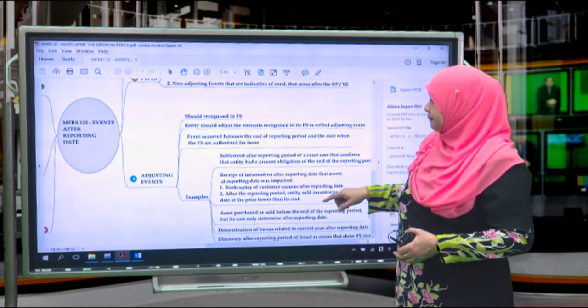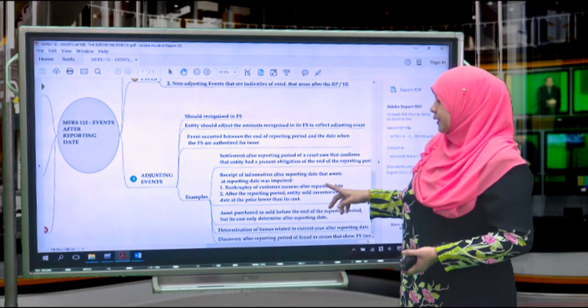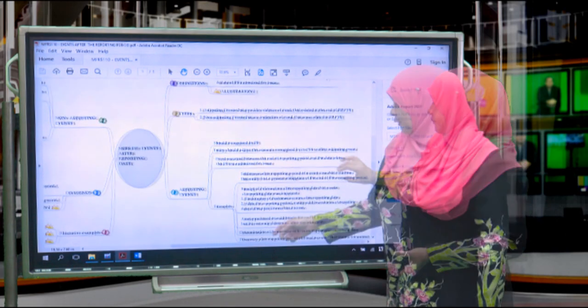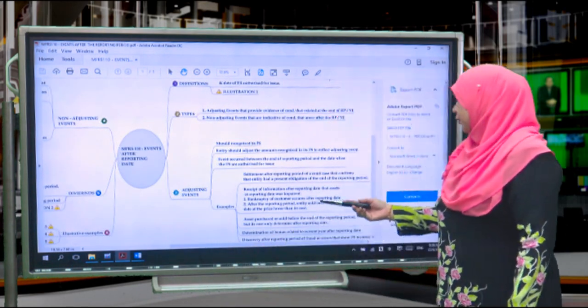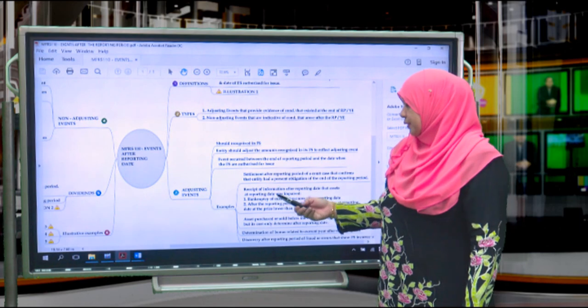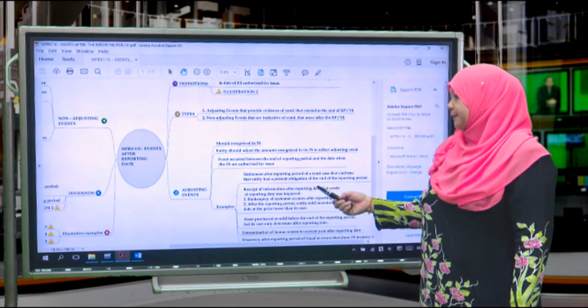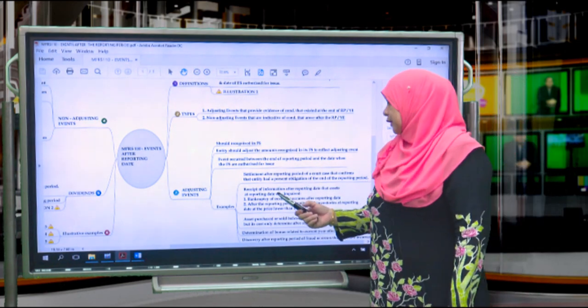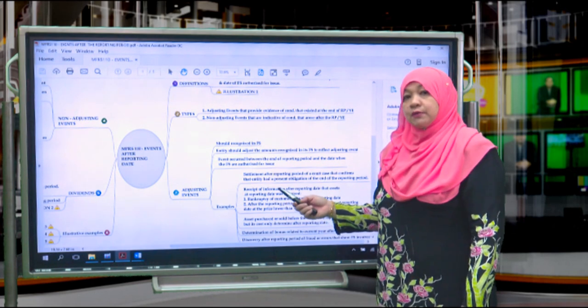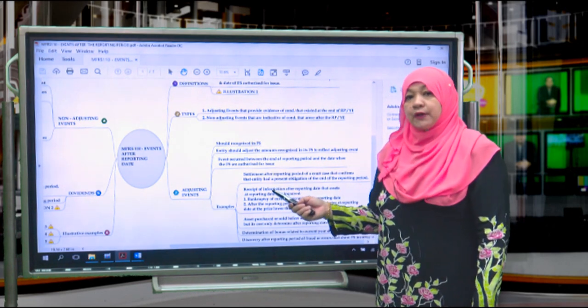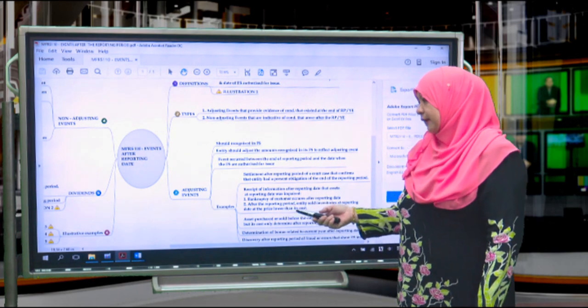Okay. Another example is receipt of information after the reporting date that an asset at the reporting date was impaired. For example, after the year end, we receive information that one of our trade debtors has gone bankrupt.